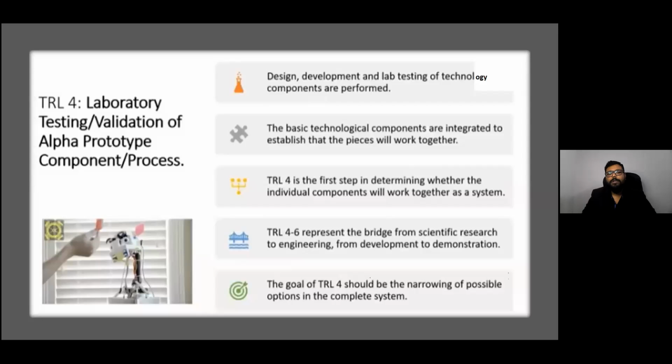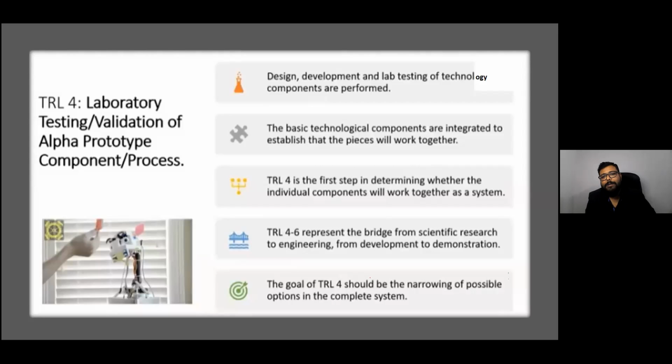Now next one is laboratory testing or validation of alpha prototype or process, right? Here we need to design, as I told you in the last slide, TRL 4 is design. You can see it explains much: design development of lab testing of technology components and performance.